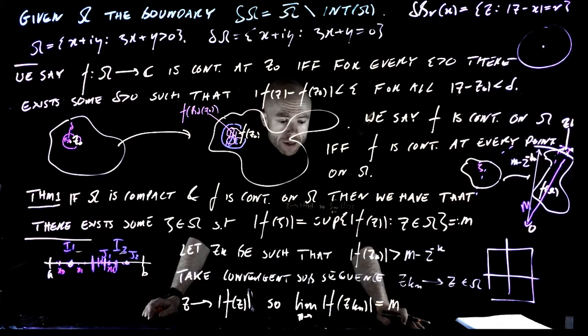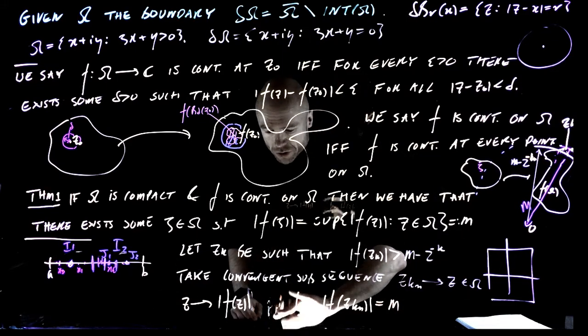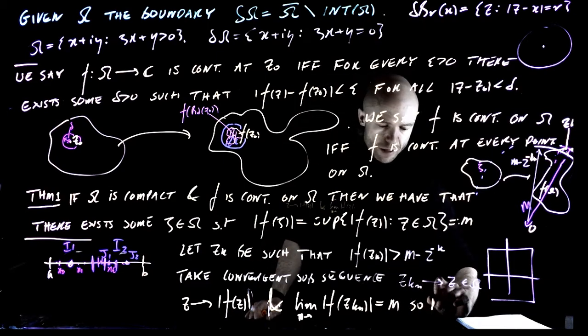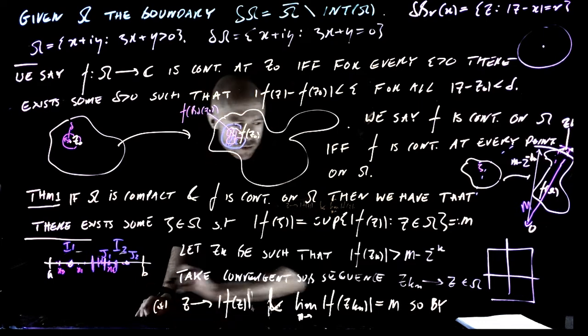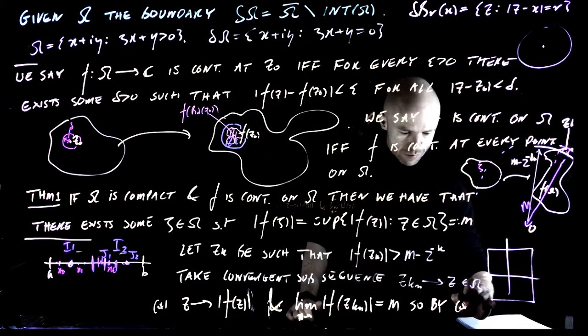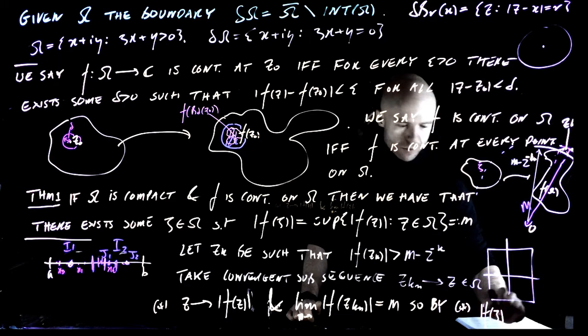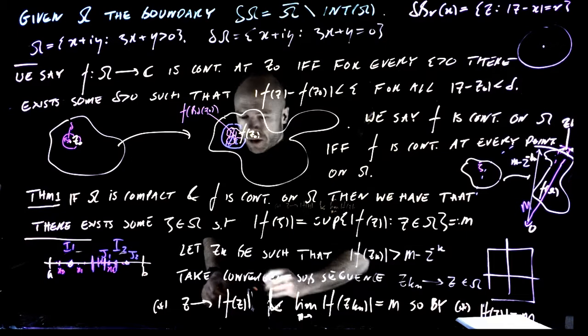Yeah? By continuity, so this is just a definition, and so by this fact here, we have that the absolute value of f of zeta, which is the limit of this subsequence, is equal to m. I didn't actually say that anywhere.